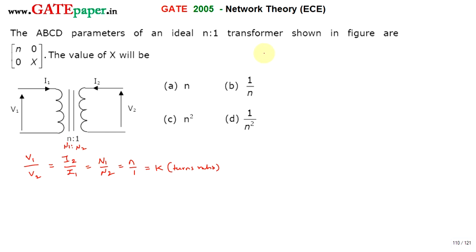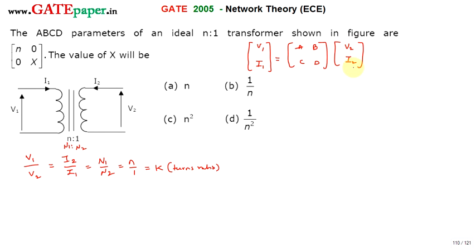For a two-port network, ABCD parameters are indicated as the relation. ABCD parameters indicate the relationship between port 1 and port 2 in terms of voltage and currents as [V1; I1] is equal to [A, B; C, D] with [V2; minus I2].